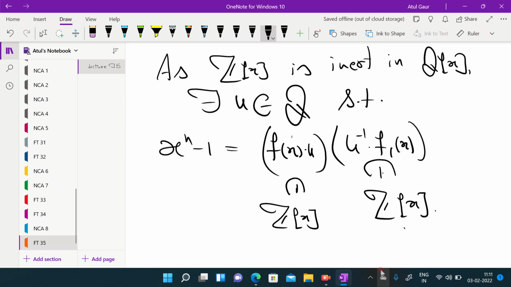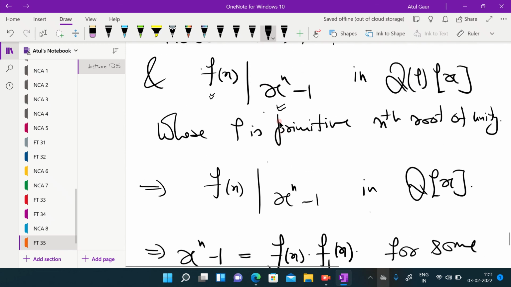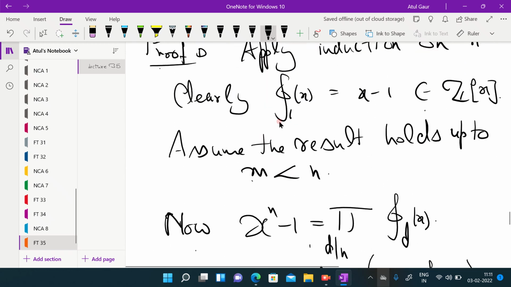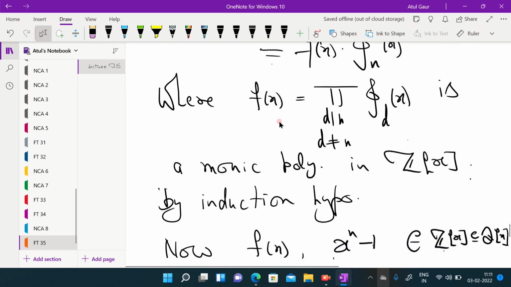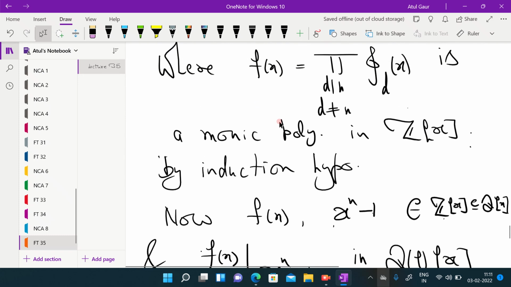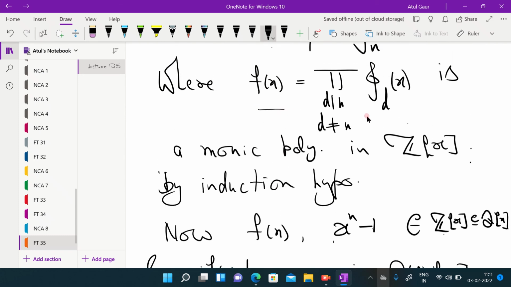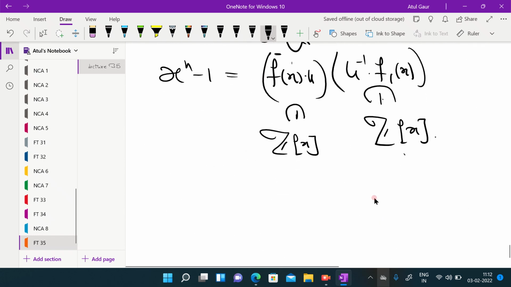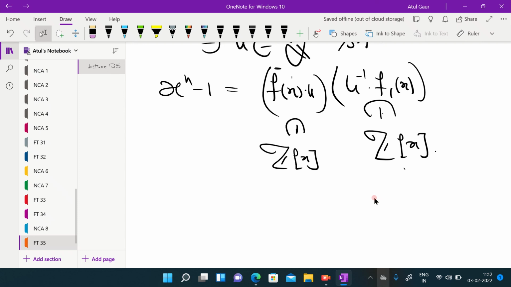Look at fx. fx is a monic polynomial with integer coefficients. This is by induction. So for what rational number will this product go to zx? Plus minus 1. Is that fine?